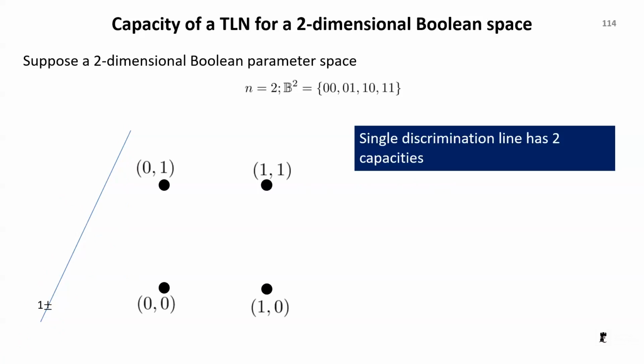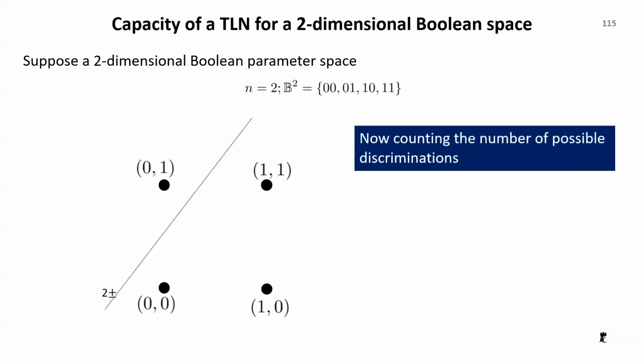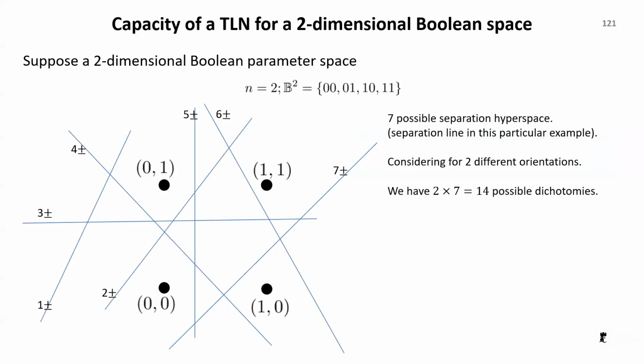Now I move the line, sorry, the first one. Now it is possible the discrimination line is here. So that's the second one. Also, it is possible the discrimination line is here. It is also possible here. It is possible here. It is possible here. And finally, it is also possible here. In total, a single neuron can be in all these possibilities, 7 possible positions.